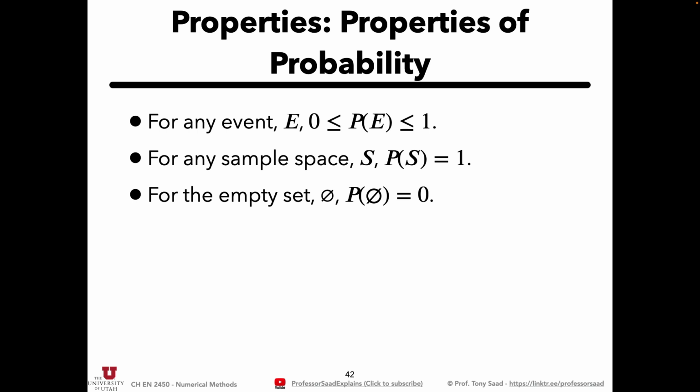The probability of the sample space occurring, meaning any outcome occurring, is 100%. And the probability of nothing happening is 0. The probability of feeling full from a hot dog when you're rolling a die has nothing to do with the die, so it's 0.